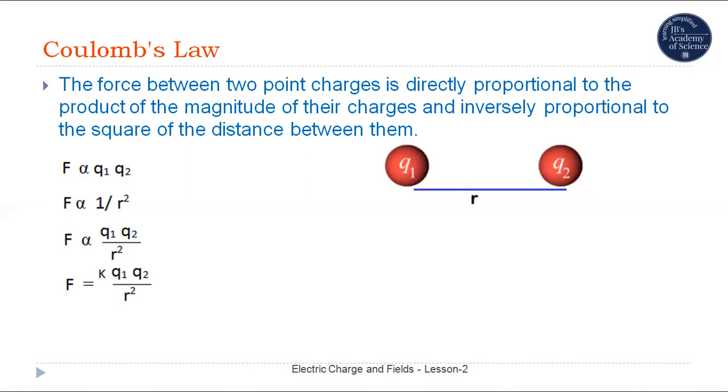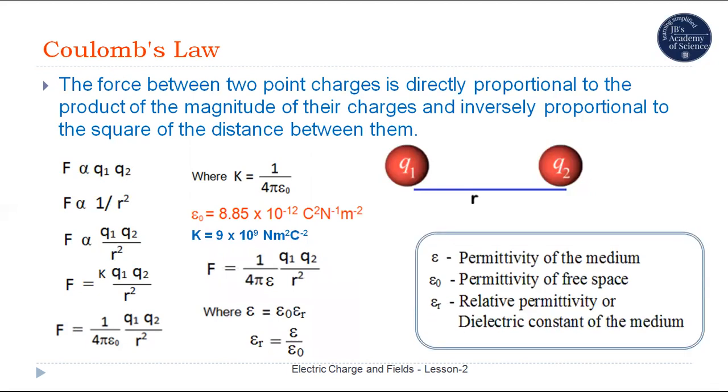So, F is equal to K Q1 Q2 divided by r square, or F is equal to 1 by 4 pi epsilon 0 Q1 Q2 divided by r square, where K is equal to 1 by 4 pi epsilon 0.